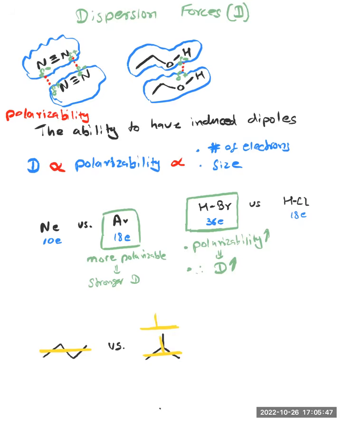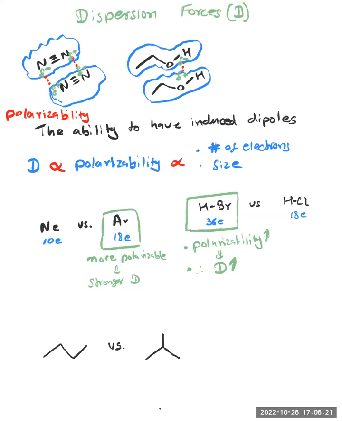The only part that has some area of interaction is limited to this small area. So the branching causes the surface area of contact to be reduced. Because of the smaller surface area of contact, the right-hand side isomer is going to have weaker overall intermolecular forces, or weaker dispersion forces in this case, because these are 2 non-polar molecules.